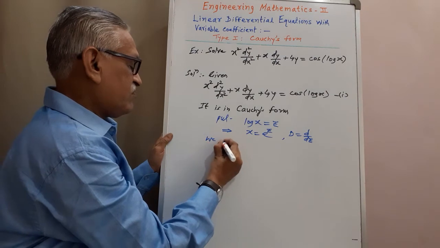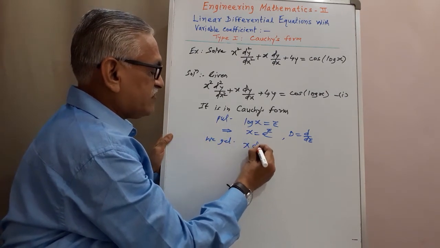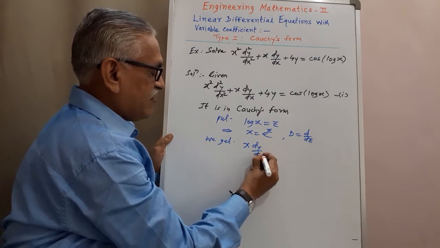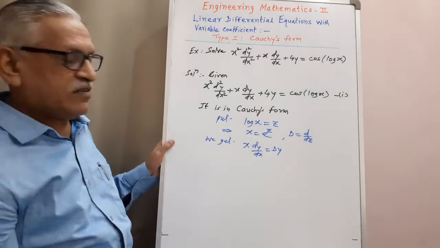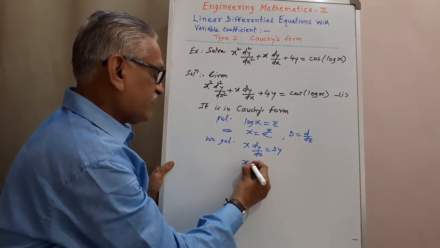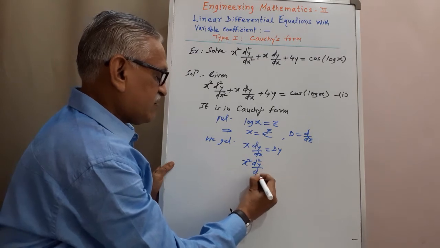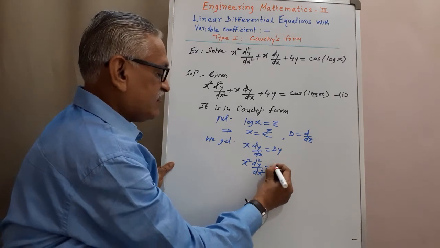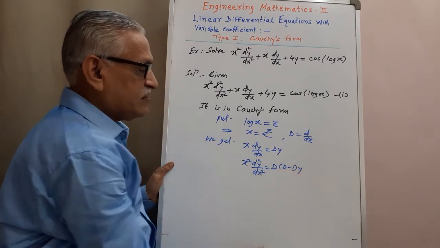We have that x into dy by dx is capital D operated on y, and x square d2y by dx square is D minus 1 into y.